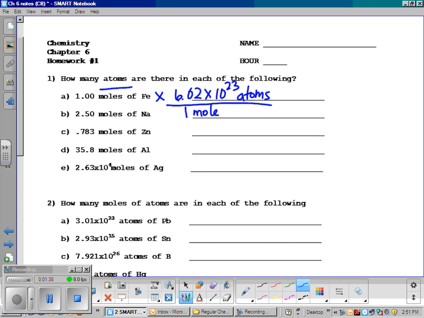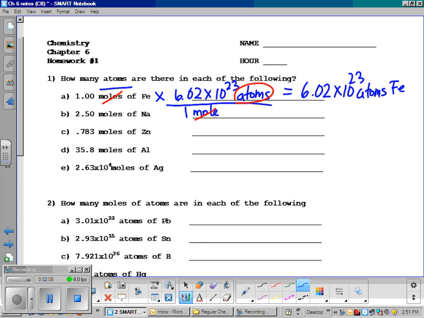All I'm doing is taking 1 times 6.02 times 10 to the 23rd, and you should be able to see that the moles cancel out, and I'm left with atoms, which is what I want. I have 3 significant figures here and 3 significant figures here, so my answer has to be 3 significant figures. So my answer is 6.02 times 10 to the 23rd atoms of iron.